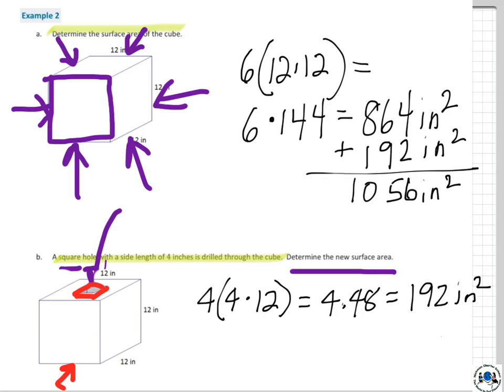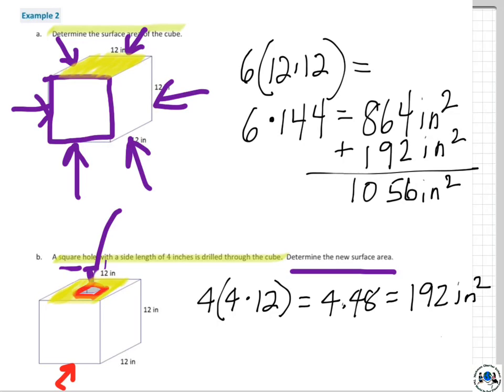But what we also need to do is account for the surface area that we lose. In our original picture up here, this top here was just nice, and this is all surface area. You can paint that entire thing. But now in our new shape, with our hole cut out of it, we're going to be losing a little bit there.